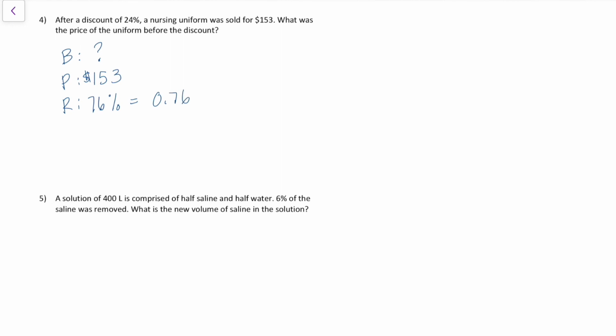In other words, 153, my portion, represents 76% of the original price. So we have to be very careful with our rates here. So if I'm looking at my base, I'm going to do portion divided by rate. I'm doing 153 divided by 0.76.